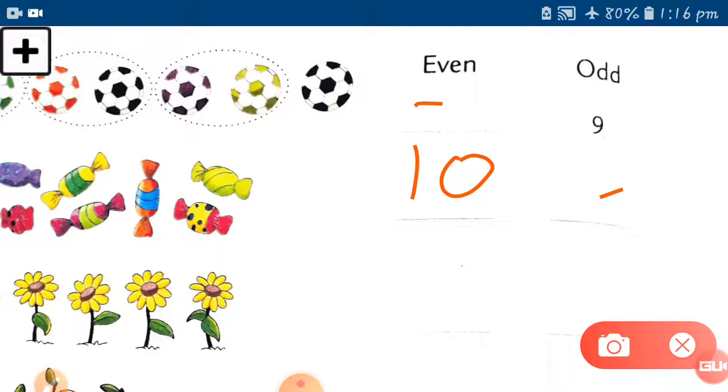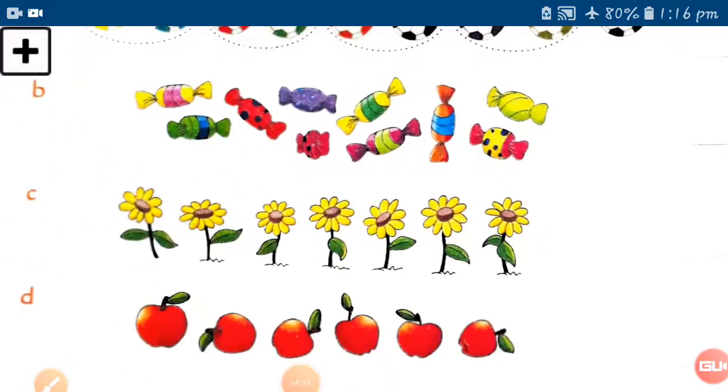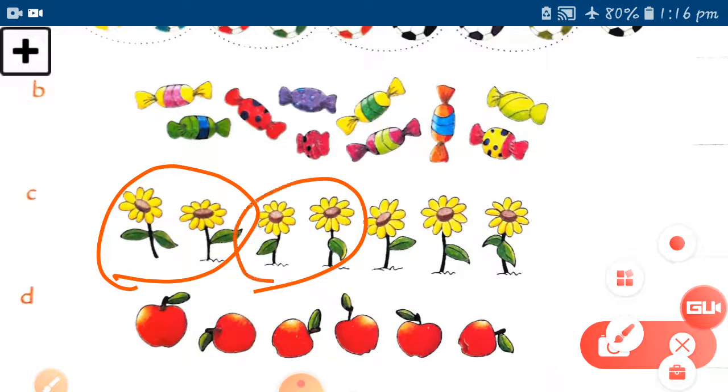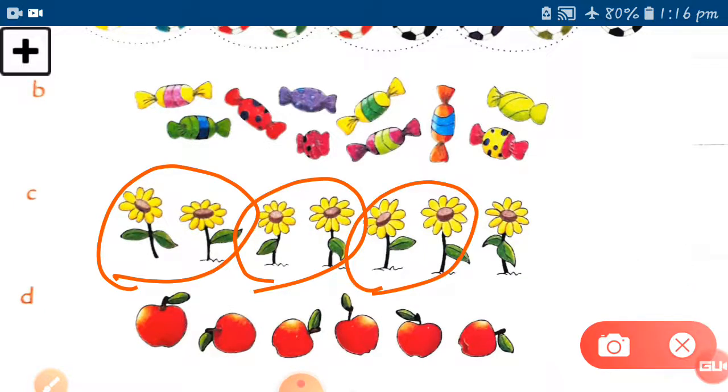Okay, so this way we'll go for the next one. Understood, students? Okay, let's take the next one. See this, 1 2 3. There are 3 circles, 3 groups, but 1 flower is left alone. So 1 2 3 4 5 6 and 7.